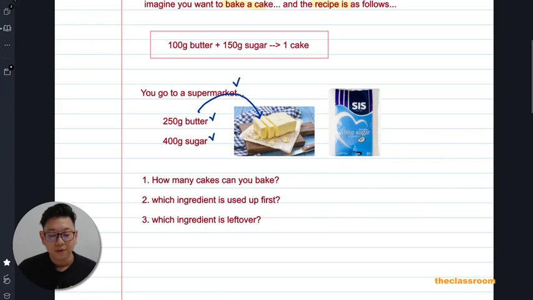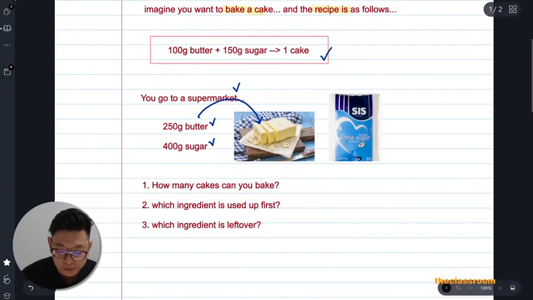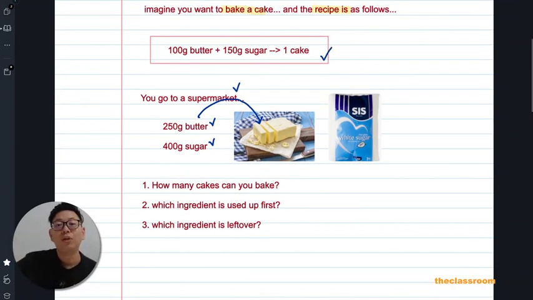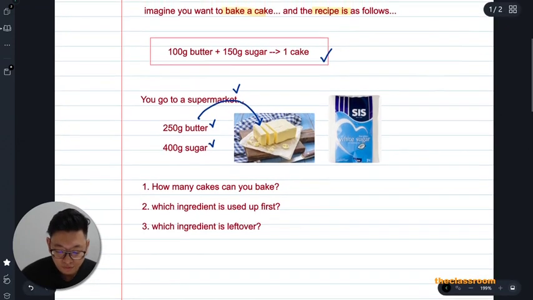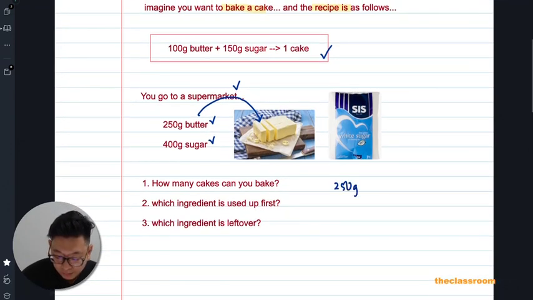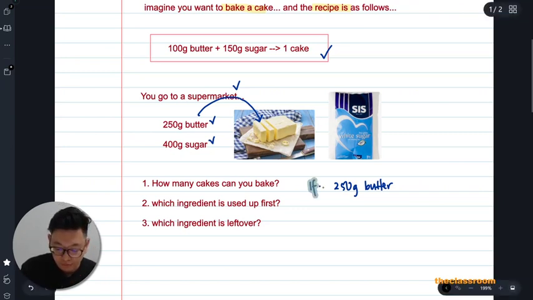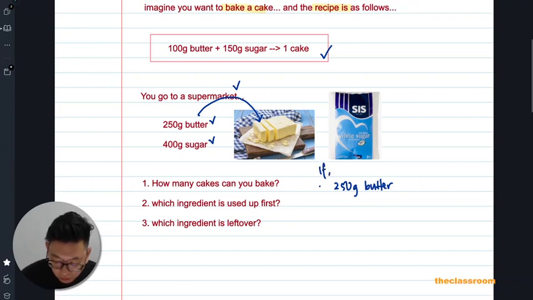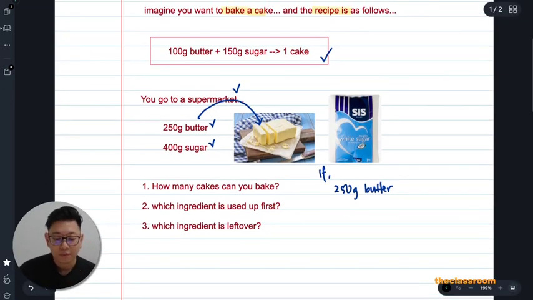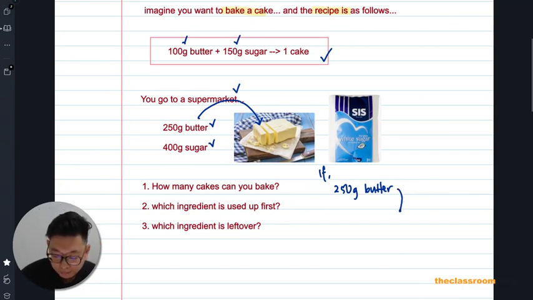So very quickly, once again, because your recipe is 100 grams butter, 150 grams sugar, if you're going to use up all your 250 grams of butter, you're going to multiply by 1.5.